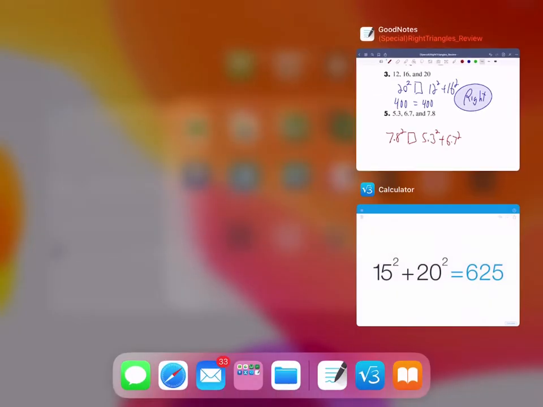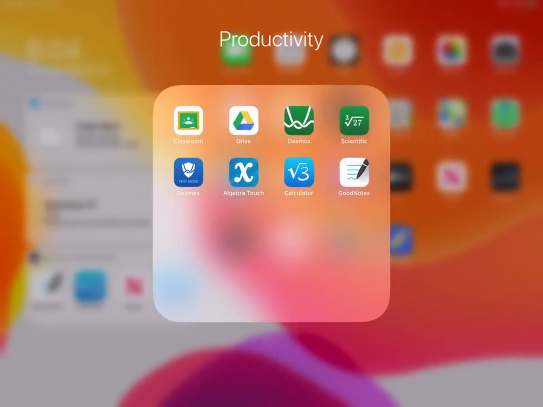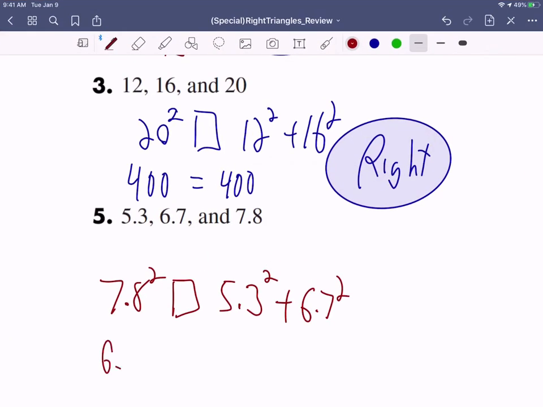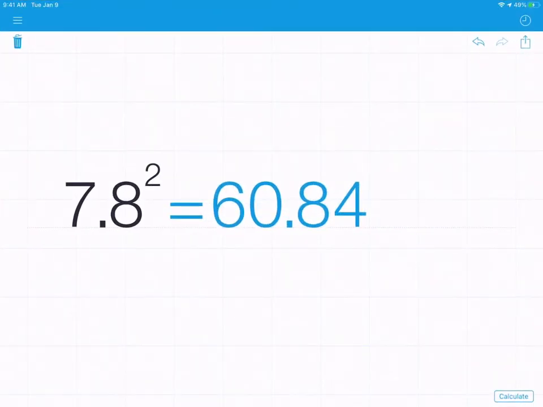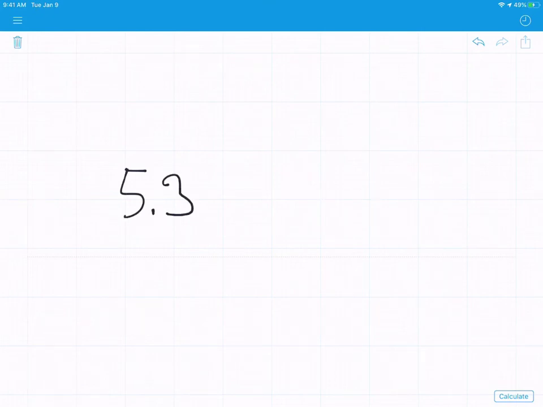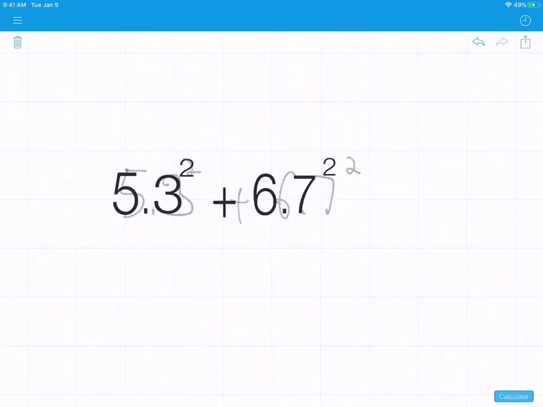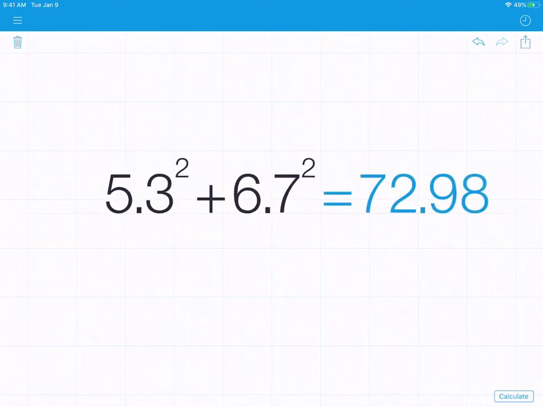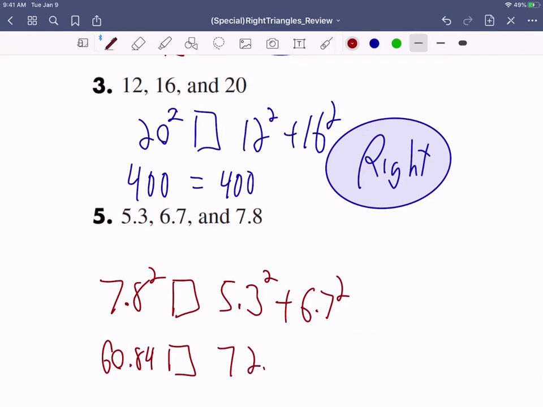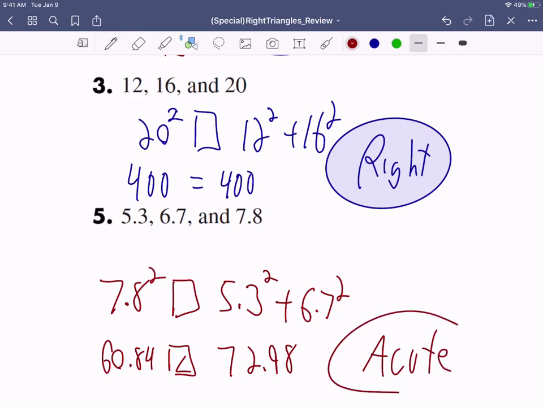Definitely need a calculator for this one. 7.8 squared, 60.84. 5.3 squared plus 6.7 squared, all right, 72.98. That's less than, so we know we're dealing with acute. Almost there, kids.